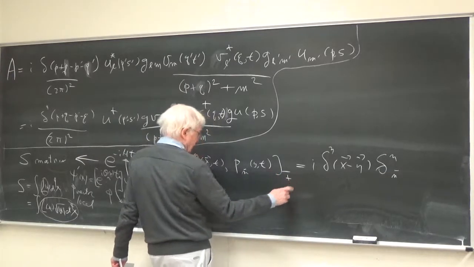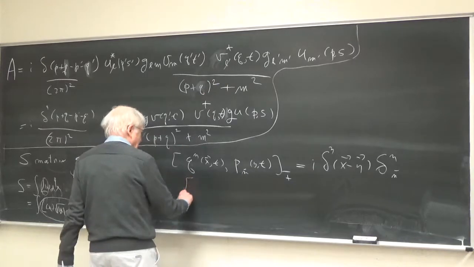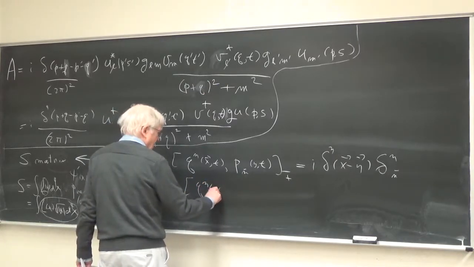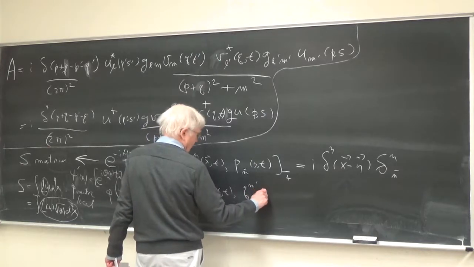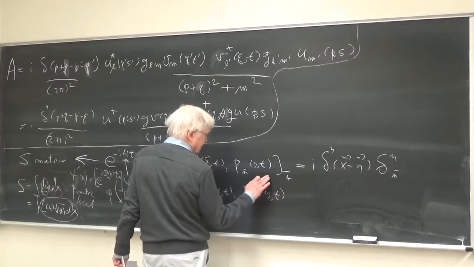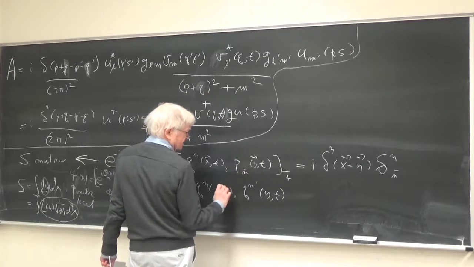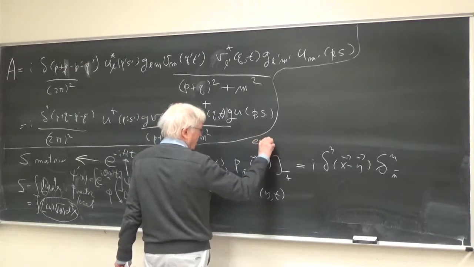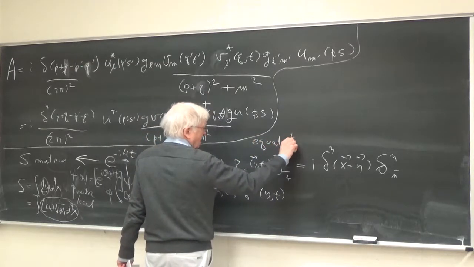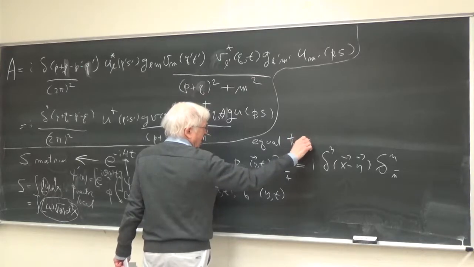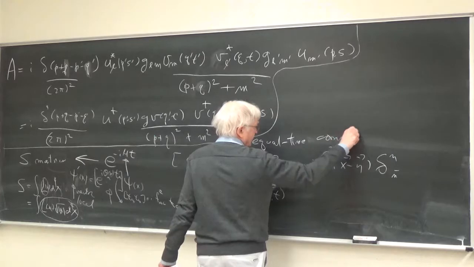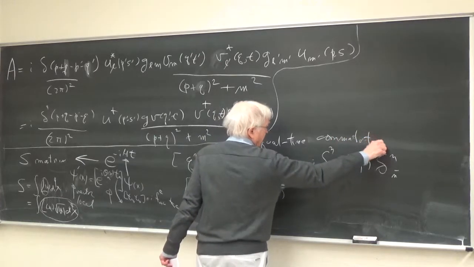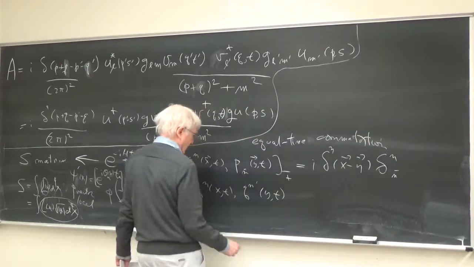commutation or anti-commutation relations, and then of course q_n of x and t, q_n' of y and t, equal times different space. So these are equal time commutation relations.